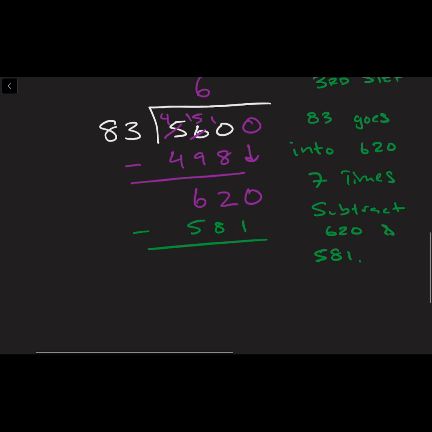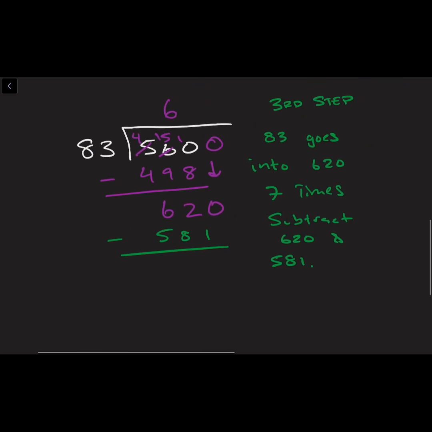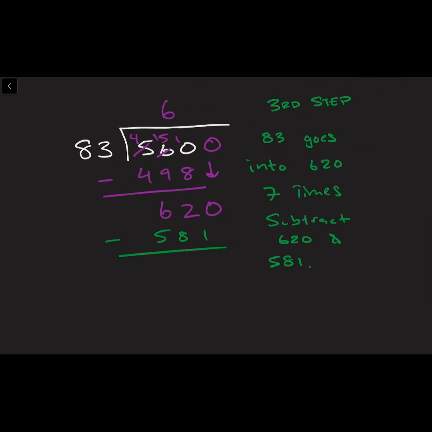That is going to give us a 39. Now we can add another 0 and bring this 0 down for 390. All right. So now we did that for our third step.